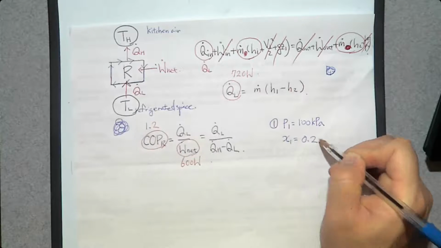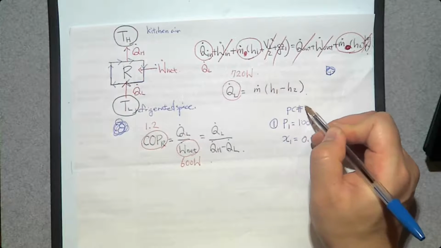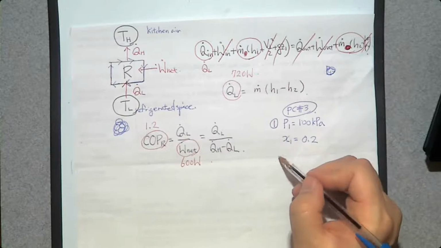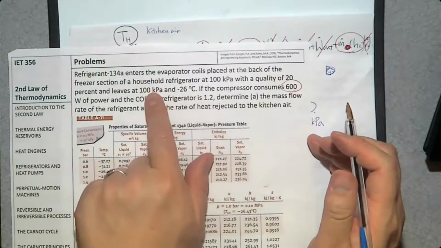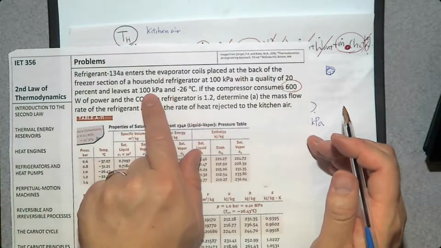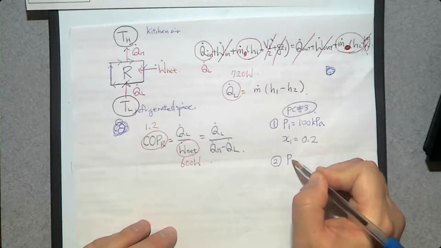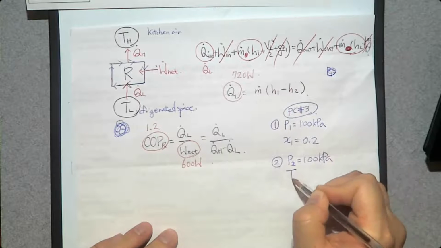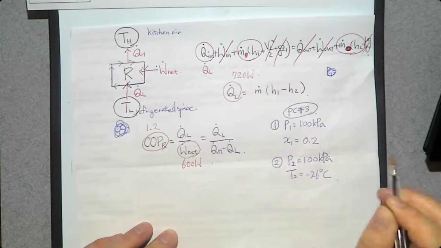Oh, we know the quality X is 0.2. That means that it is phase change process number 3, saturated mixture. What about at the exit? At the exit, pressure P2 is 100 kilopascal, temperature T2 is minus 26 degrees Celsius.